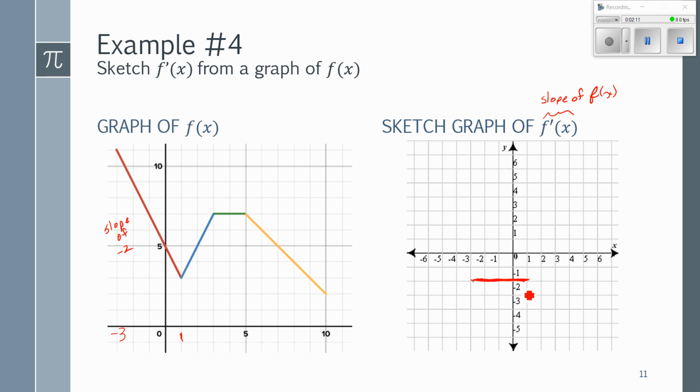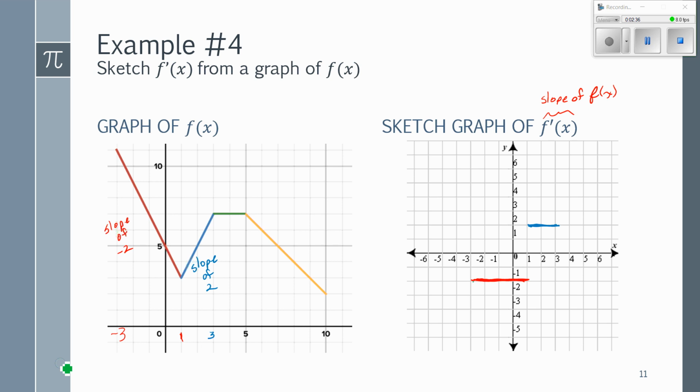I'm going to kind of ignore the endpoints right now. From 1 to 3 for the x's, I can see that my slope is +2. So from x equals 1 to x equals 3, I have slopes of +2.